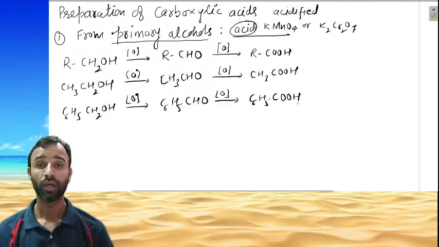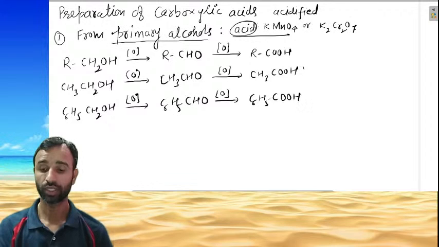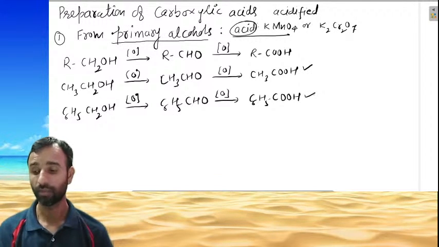We get carboxylic acid. This is acetic acid and this one is benzoic acid.